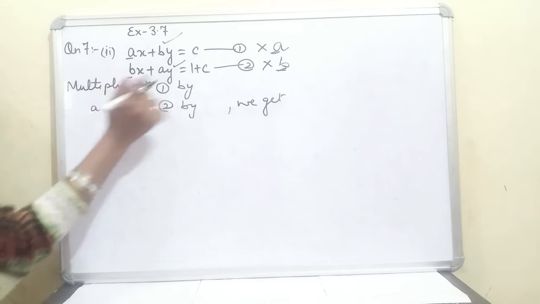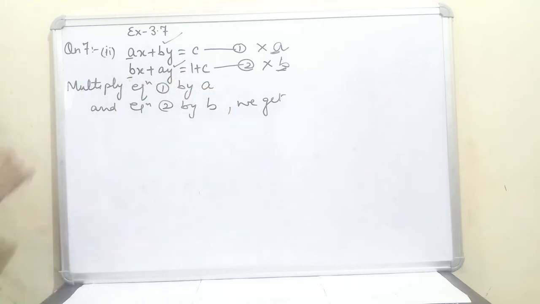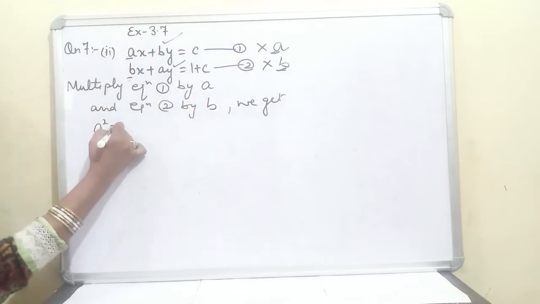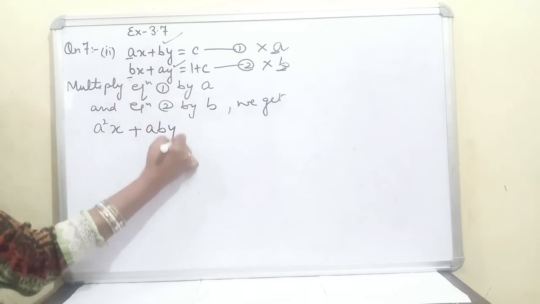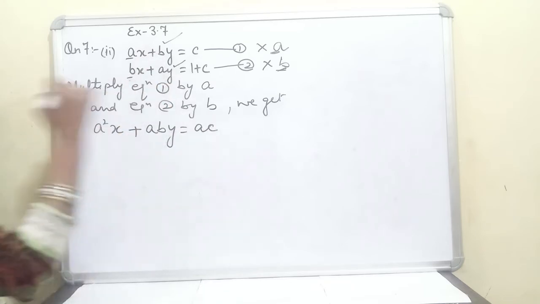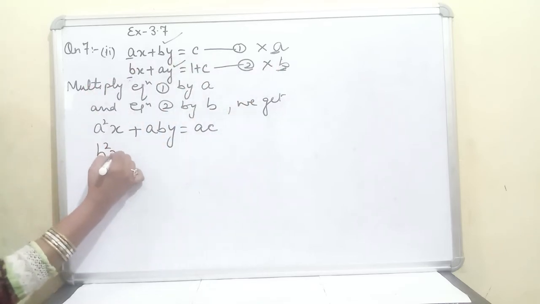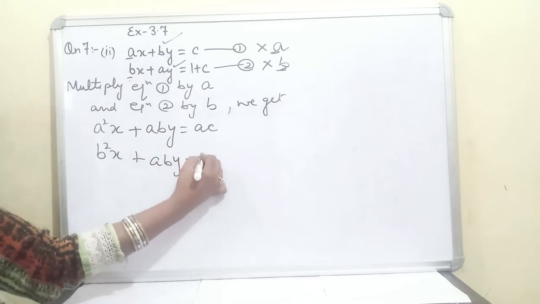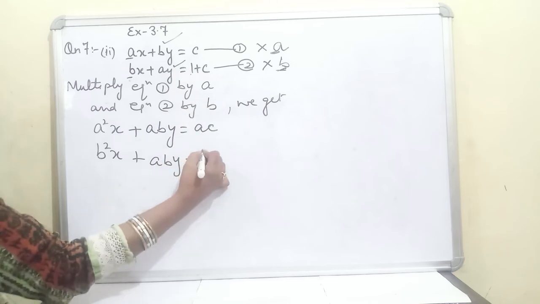Now if I multiply equation 1 by a and 2 by b, what do we get? a into a, a square x plus aby equals ac. And in the same way, it will be b square x plus aby equals b plus bc.